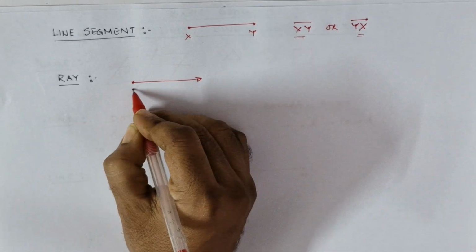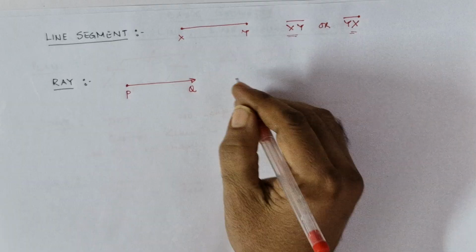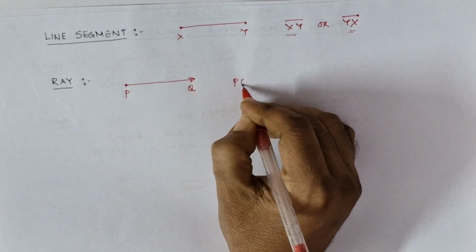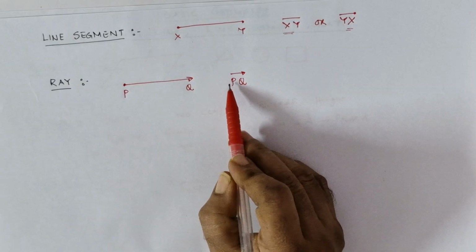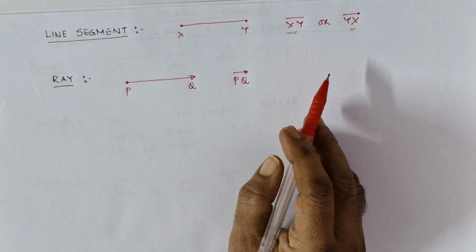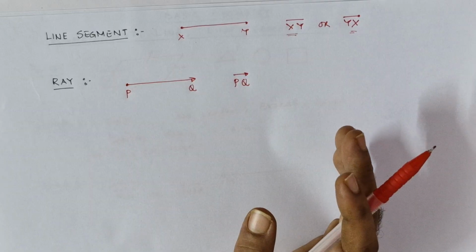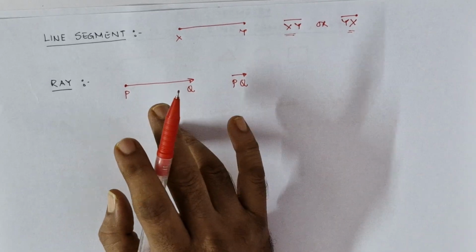The starting point will be P and it goes to infinity. So I can represent it in this way. P is the starting point, it goes to infinity. Got it? So the light from a bulb or a flashlight torch, the sun, are examples of ray.